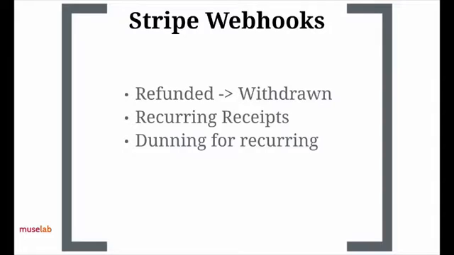And also dunning, which is a term that I didn't really know until I got into this, but it's an accounting term for essentially, if someone's payment failed, or their credit card needs to be updated, you can send them emails and prompt them, send them to a form somewhere to go update their credit card information. If you have a lot of recurring donors, that saves a huge amount of staff time or volunteer time.